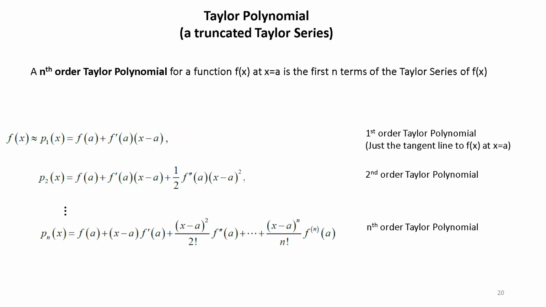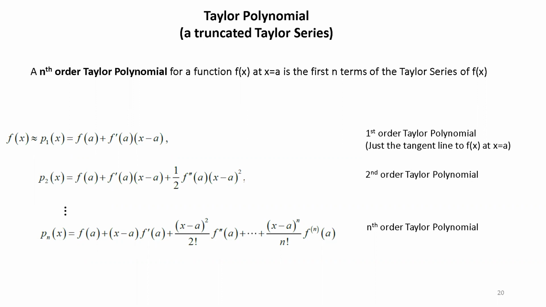As I told you, practically, although we can find a general formula for any term in the Taylor series, you are not going to take infinitely many terms in your actual calculations.